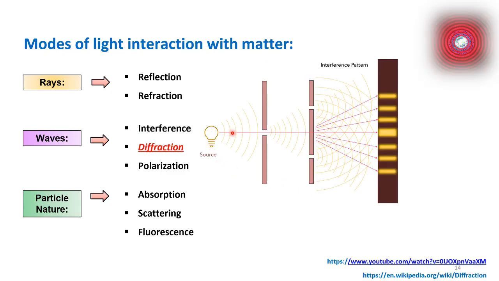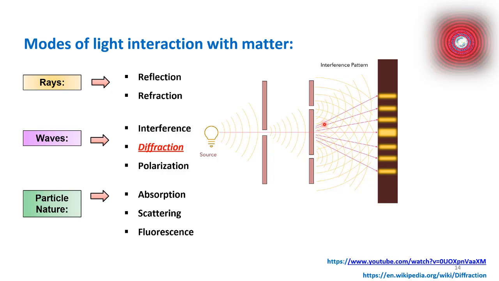Then we have diffraction. As you can see here also, the same thing is happening. Diffraction is the scattering of light from a small aperture. Suppose we have a source here, and the wave is traveling in this direction and passing through a slit. And again we have two more slits in this path, so it will try to make this kind of circles.